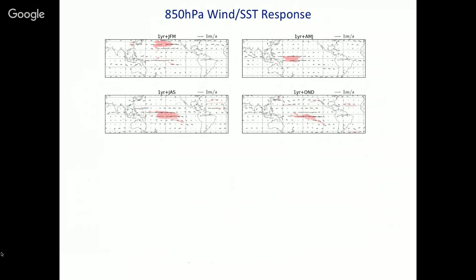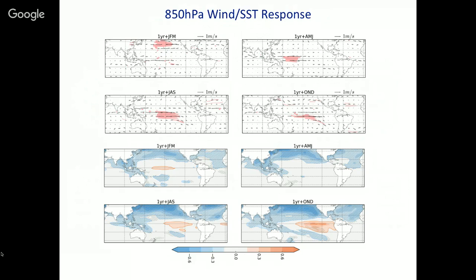Then it stays there, and it also moves towards the Eastern Pacific, and so does the SST. So I think this is a remnant from the previous year. It dies down, and then again picks up, and becomes stronger. This time it is also shifted east. So the warming in the second year is also shifted east.